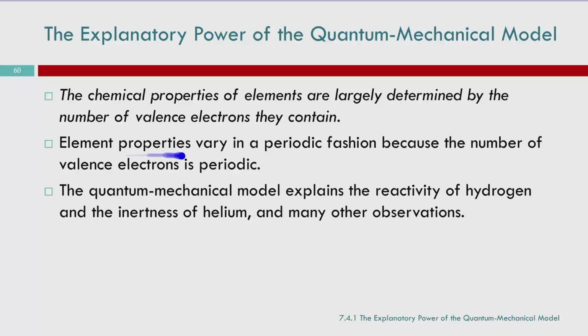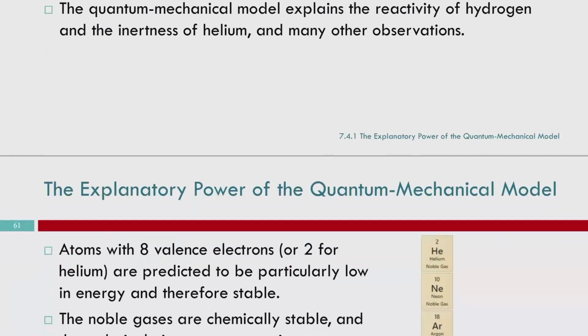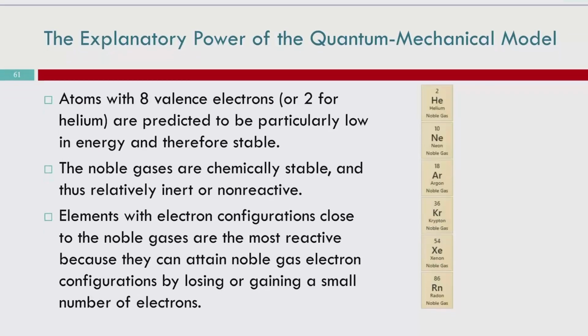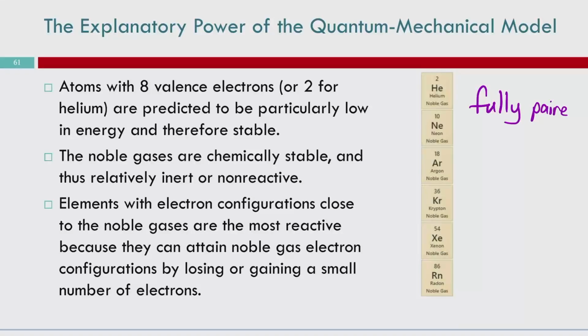So the reason that the element properties vary in the way that they do is because the number of valence electrons is periodic. And our quantum mechanical model gives us a little peek behind the curtain as to why that is. So things with 8 valence electrons, or 2 if you're helium, are particularly low energy. These have fully paired orbital diagrams.